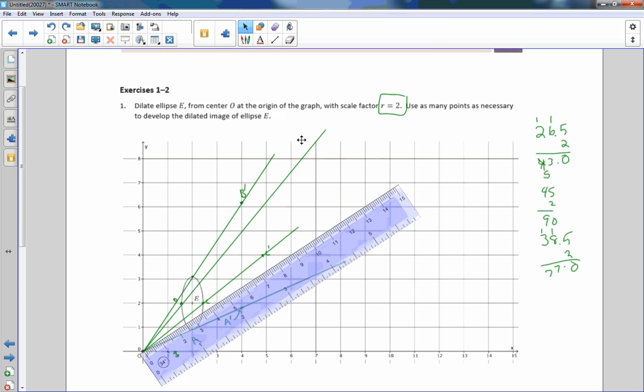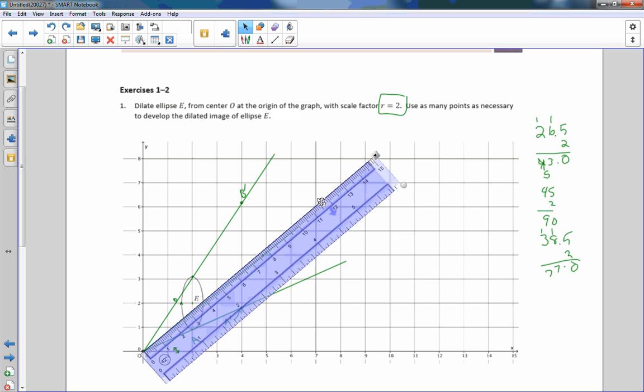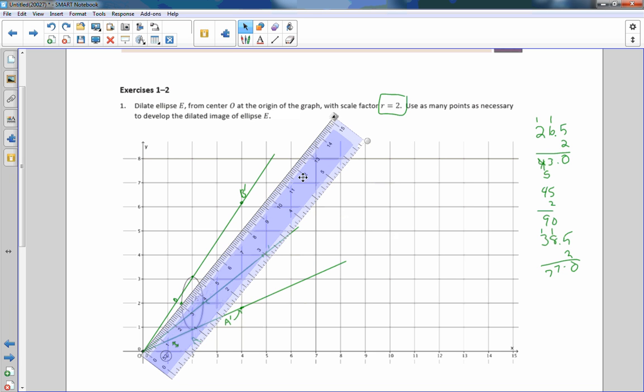Okay, let me erase this line. That was off a little bit. And let me redraw it. Okay, it's important that you're accurate on these.